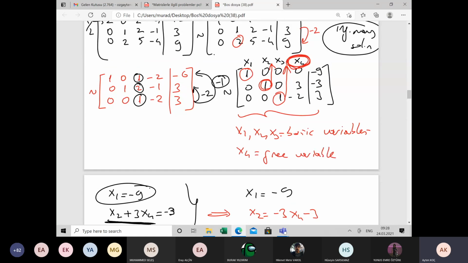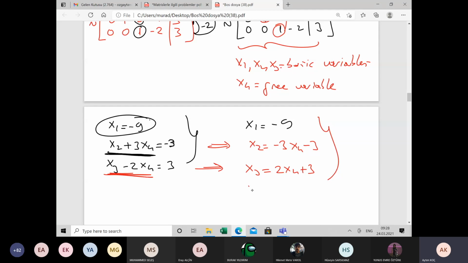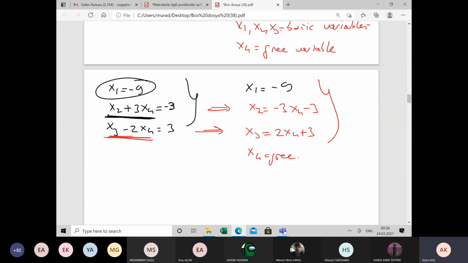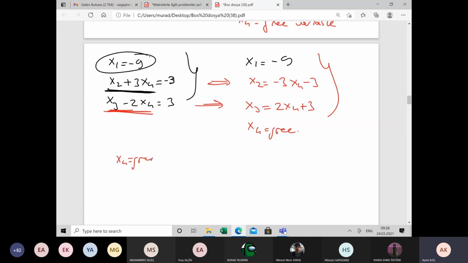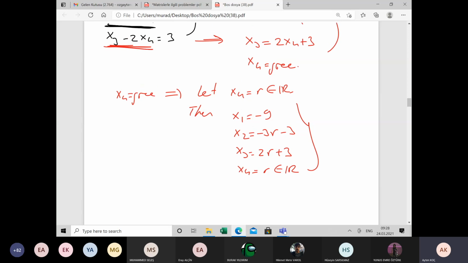So our solution depends on the free variable x4. Take x4 to be any real number r. Then x1 is minus 9, x2 is minus 3r minus 3, x3 is 2r plus 3, and x4 is r, any real number.